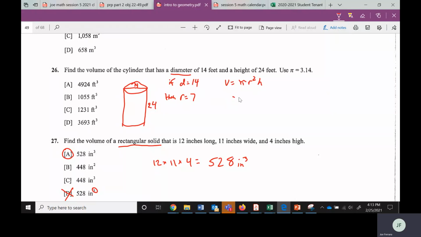Now remember, we have pi r squared h, so pi is 3.14. R is 7. That has to be squared. H is 24. So then 3.14, and again, can't multiply anything until we take 7 squared, which is 49.